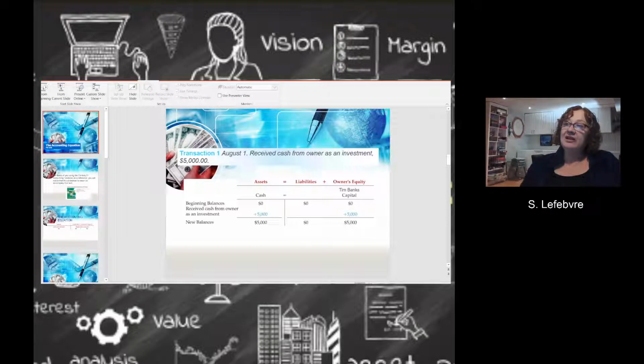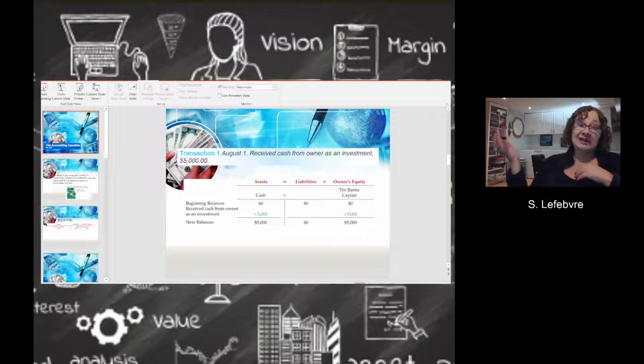And it is going to affect our cash. So our cash is going to increase by $5,000. And now here's where we get into double entry accounting. What happens on the left must also happen on the right. So when we are investing cash into the business, what is going to change on the right?